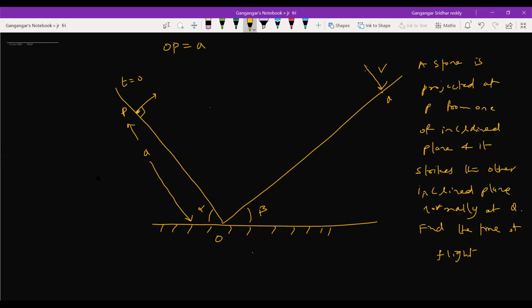So in that case, you can't say that the velocity of projection is along the other incline, along OQ. Is that okay, fine?